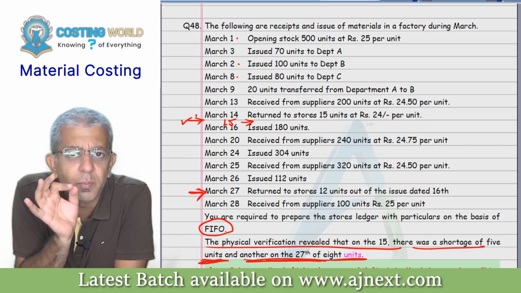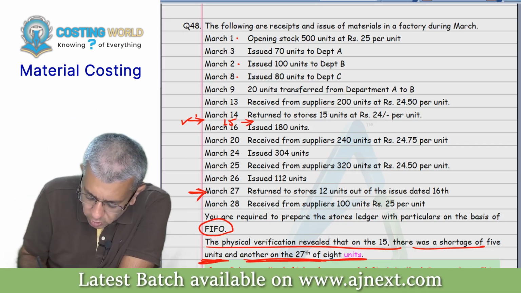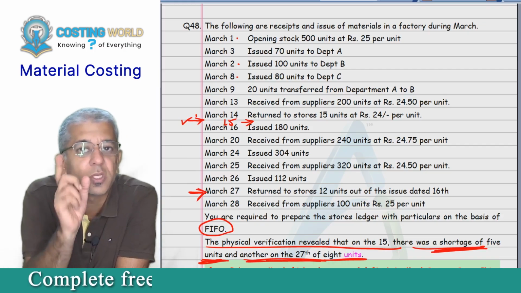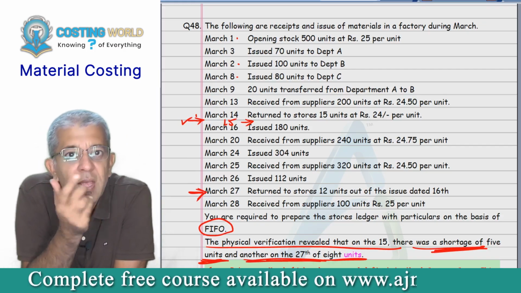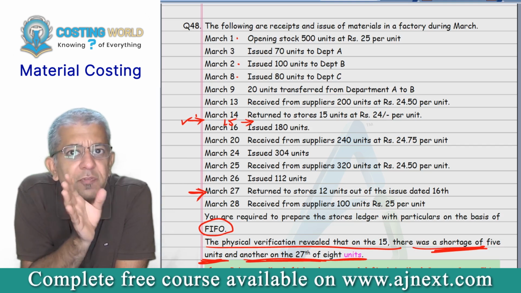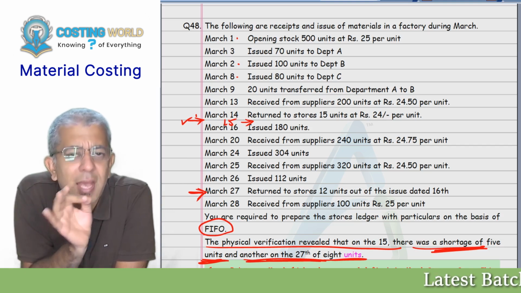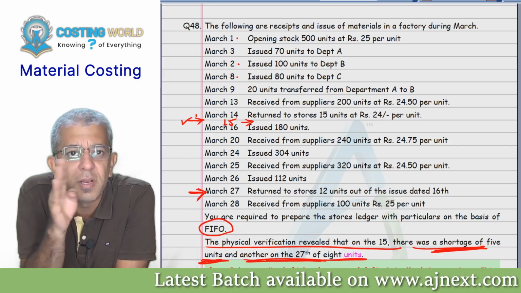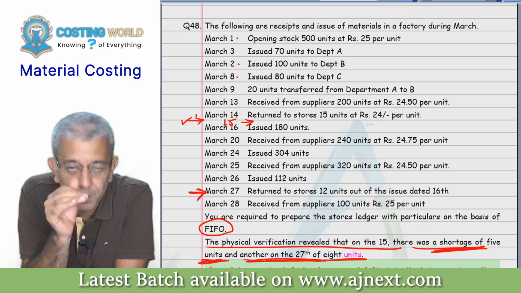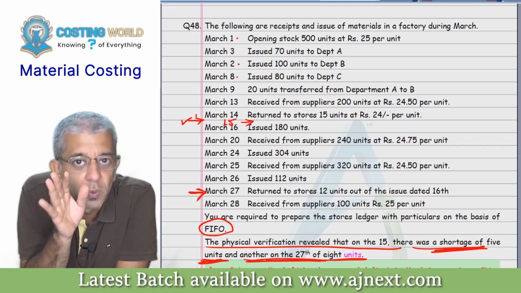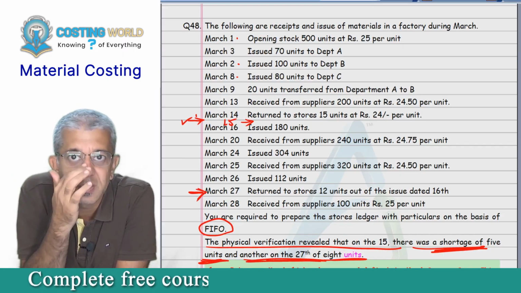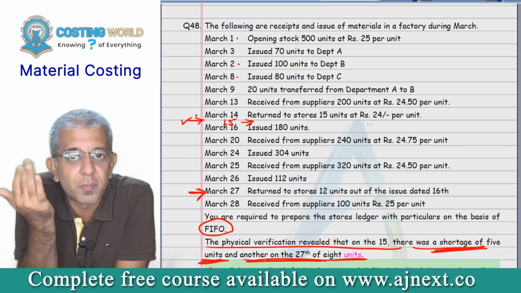You will only come to know about stock shortage or stock surplus when you physically count the stock, no? Yes, sir. And it is a common sense thing. Physical counting of the raw materials should only happen once your normal factory hours are over. Because if you are counting during the factory hours, the factory is going to be asking for material.